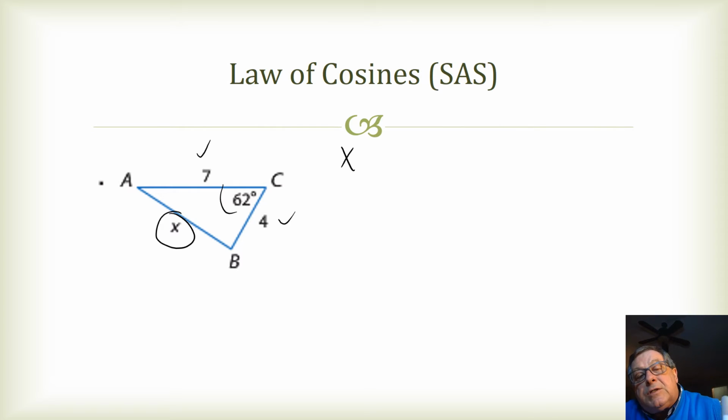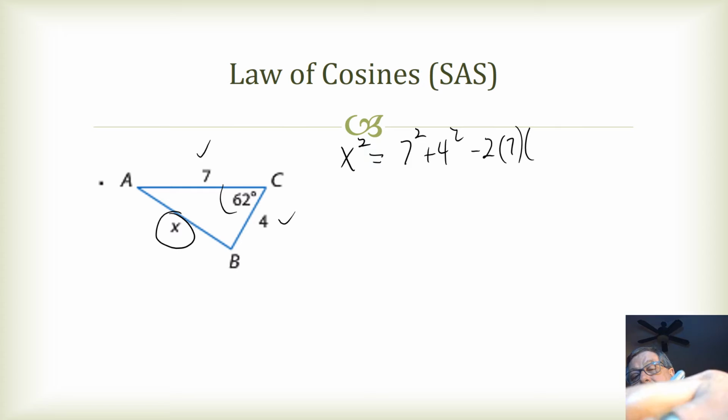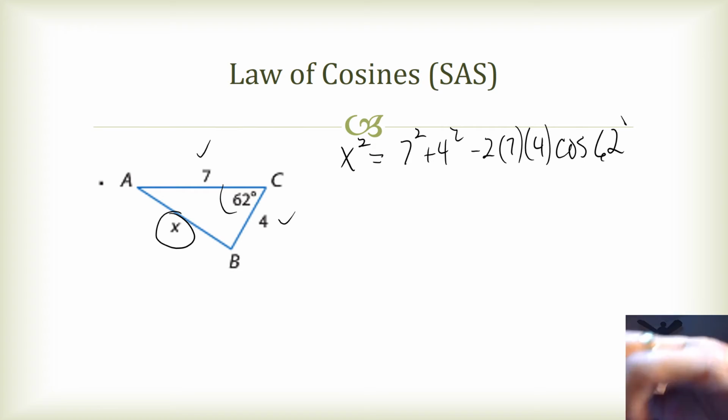So again, it's x squared, the side I'm trying to find, equals the two sides I know squared and added together. So I have 7 squared plus 4 squared, negative 2 times 7 times 4, times the cosine of 62.